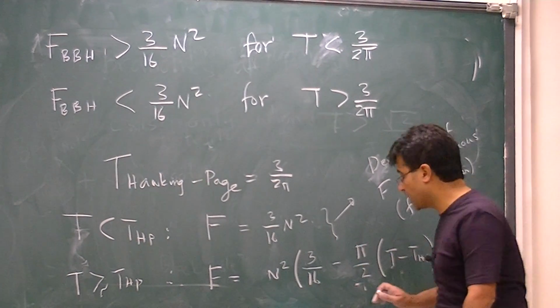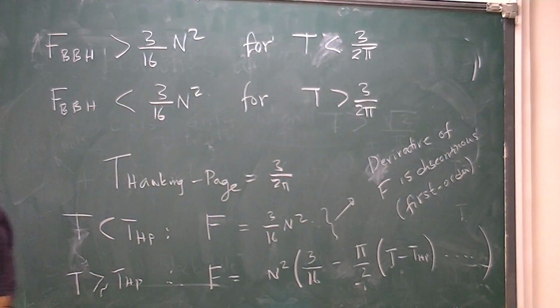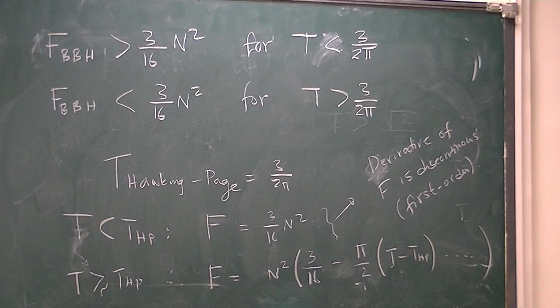Which is not surprising, and hence it suggests that you should think of this phase transition as possibly some kind of a deconfinement transition. But that's a very loose statement. And there is a more precise way of saying that this is a deconfinement transition.